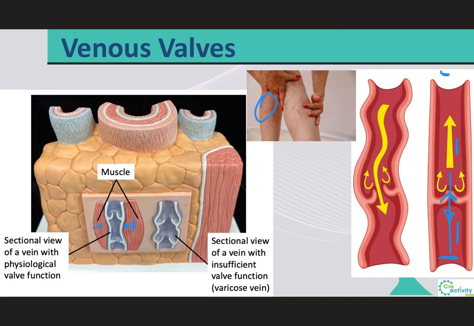But of course, there are always genetic factors, or if you get older, there's a high probability that your valves will not work as well. And when this happens, it causes these varicose veins that we can see over here on this image. And on this other image, we can see that the valves remain open, and therefore the blood that's supposed to go up towards your heart is able to move down and stay lower in your body.